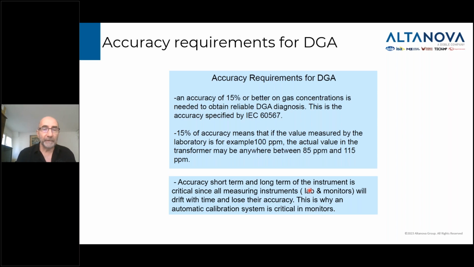One way of making sure your long-term accuracy stays at the same level as your short-term accuracy is to have some kind of calibration system. Either in the lab you calibrate your system manually on a regular basis, or online monitors or portable systems have some kind of regular calibration, so you never lose the accuracy that you had when you bought those systems.